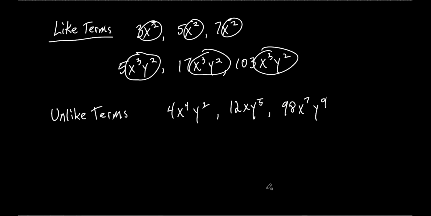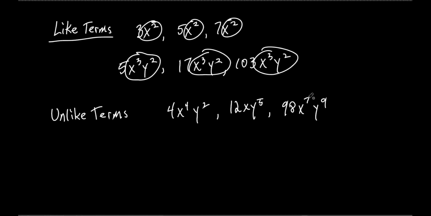All right, let's take a look at this. Are these like terms? I've got x's and y's in all of them, right? Yeah, but look at my exponents. My exponents on those variables are different. So an x, an x to the 4th, and an x to the 7th are not the same terms. They're completely different, even though they both have x's in them.